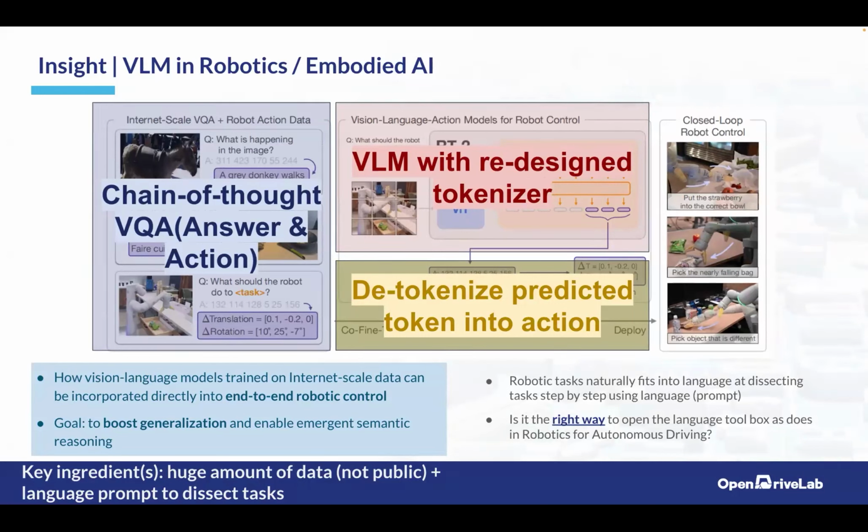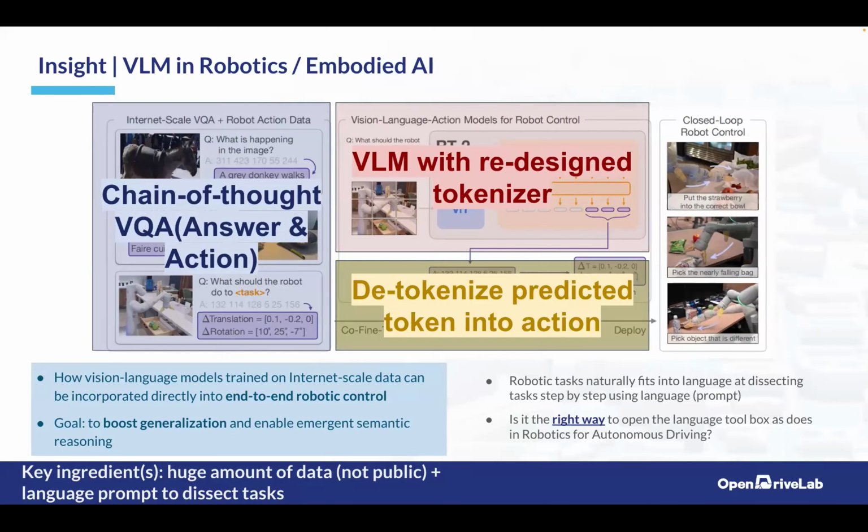So how people do that is basically with a VQA task, where the task is about answering with an action. Action here refers to discretized action signals. When we have those kinds of VQA tasks, we use this VQA data to tune the model with a redesigned tokenizer.